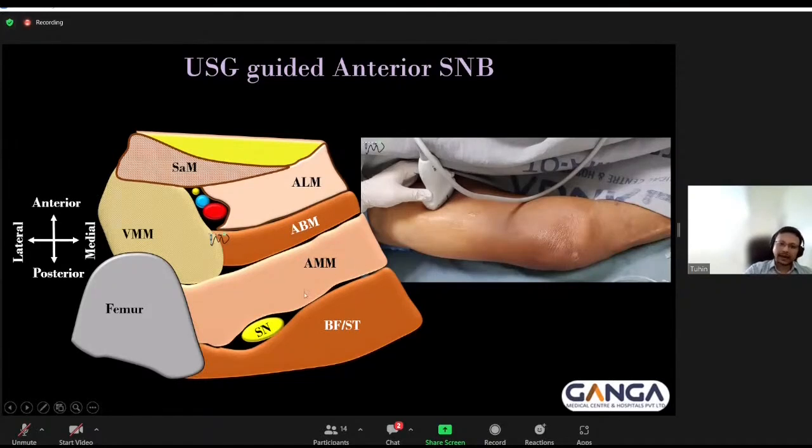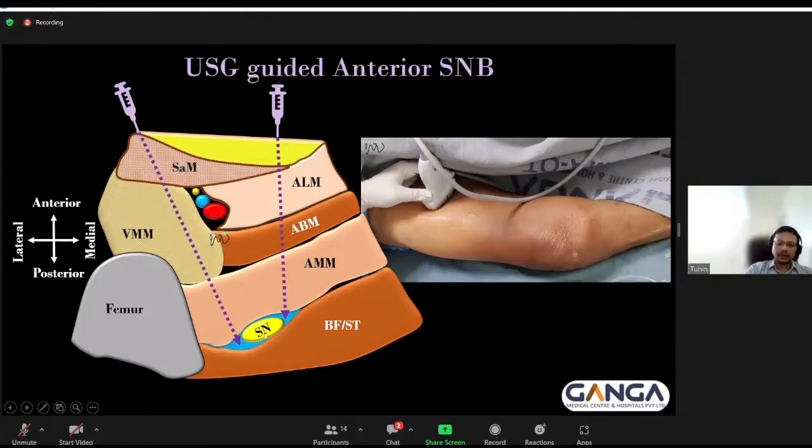In between the adductor magnus muscle and the biceps femoris or the semitendinosus muscle, the sciatic nerve will be visible as an oval structure. So here, either lateral to medial, medial to lateral, or out of plane technique we can use, and we can deposit the drug next to the sciatic nerve.